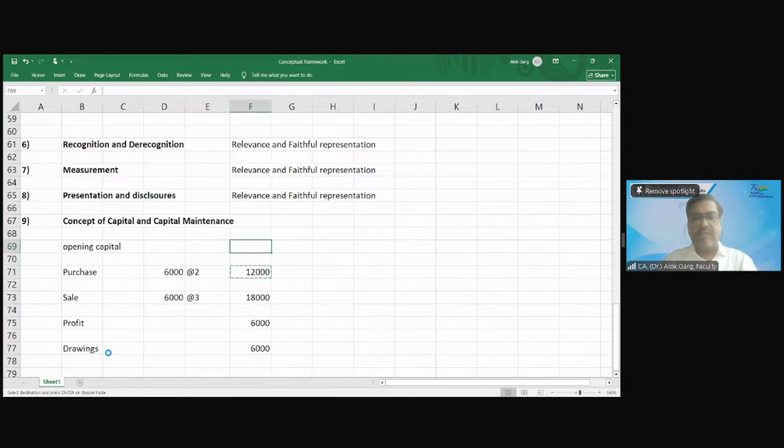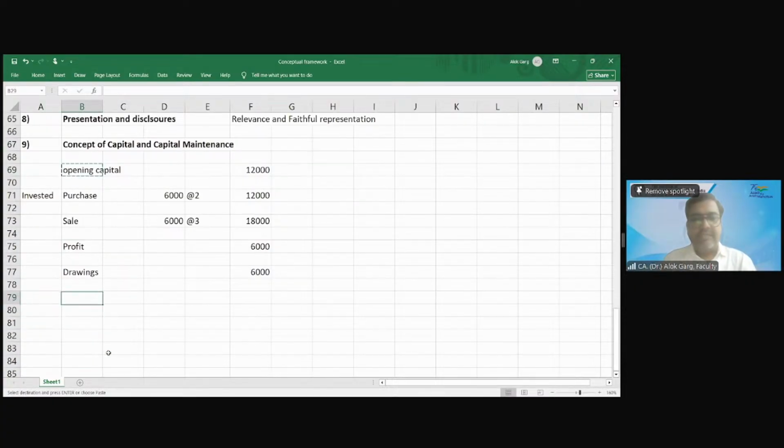Your opening capital was 12,000, right? यही आपने इन्वेस्ट किया था. What is your closing capital? Closing capital कितनी है? It is also 12,000, क्योंकि आपने जो प्रॉफिट कमाया वो प्रॉफिट आपने पूरा का पूरा विड्रॉ कर दिया. Your closing capital is 18,000 minus 6,000, 12,000. Now same opening capital, right?